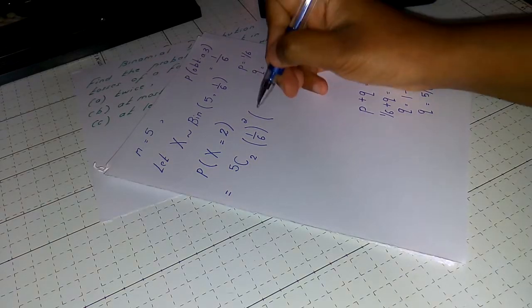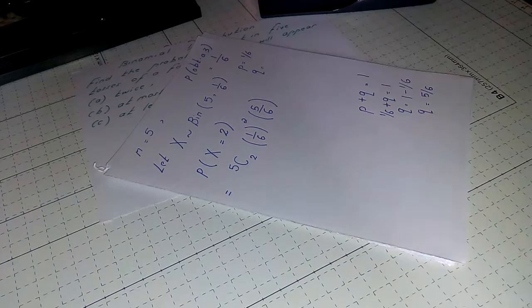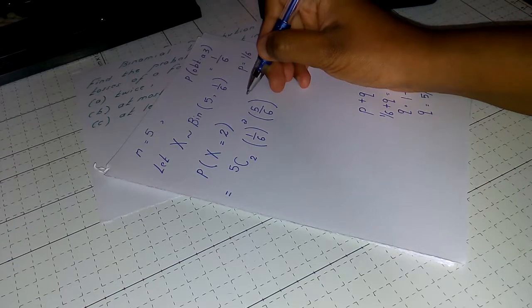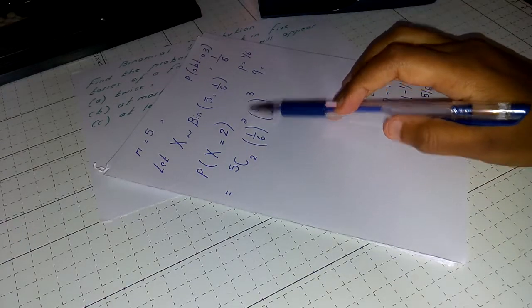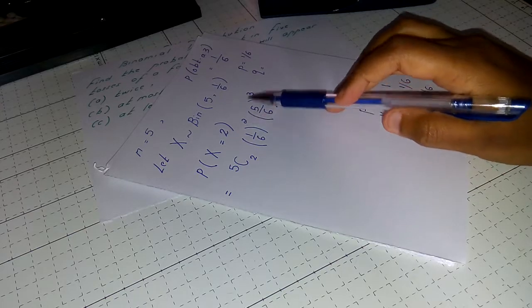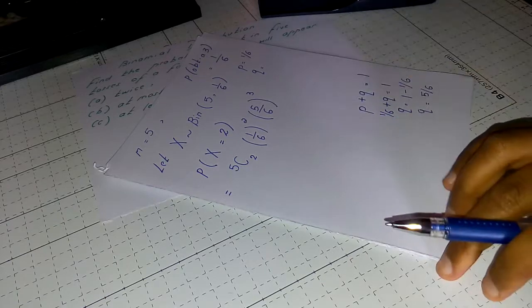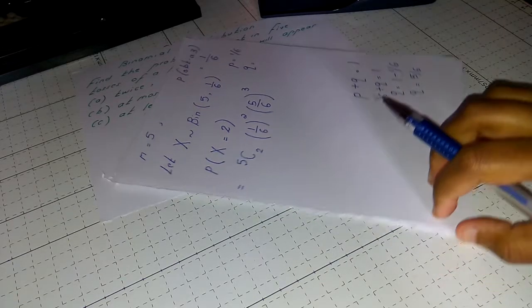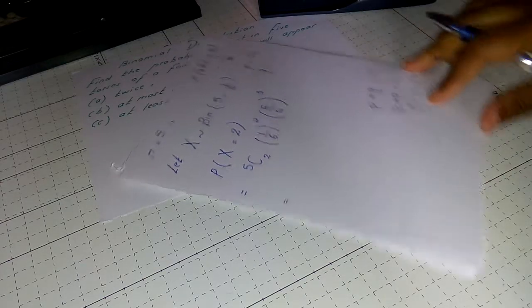So we're going to have 5 over 6 power n minus r, which is 5 minus 2, which is 3. Now if you add the two powers here, you should get n, which is 5.